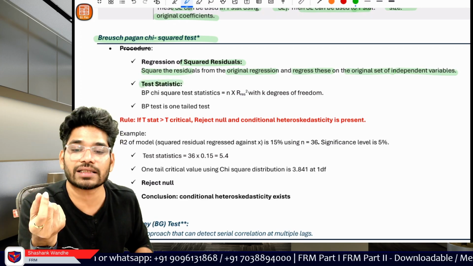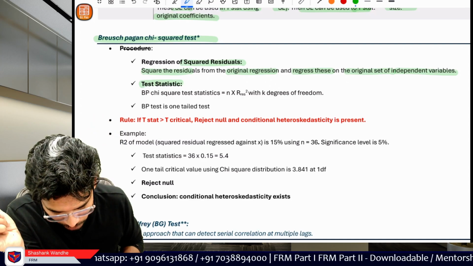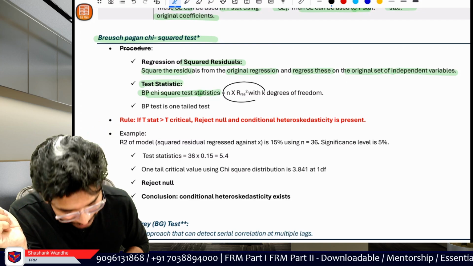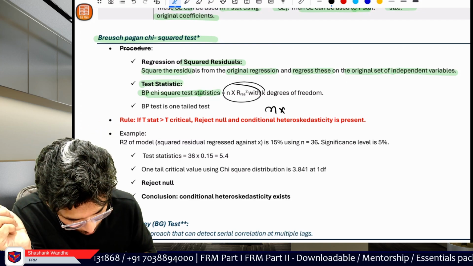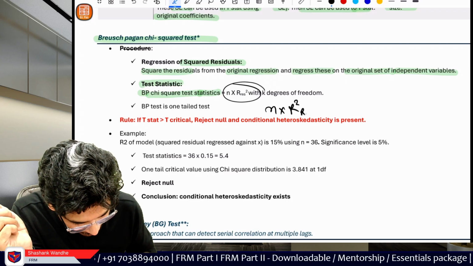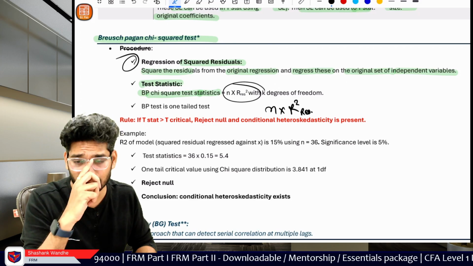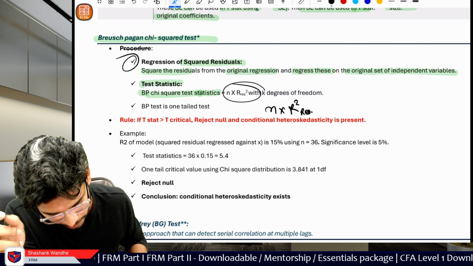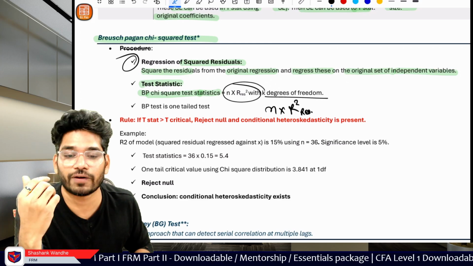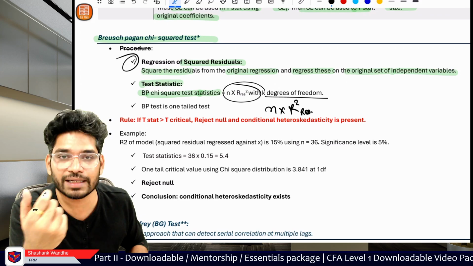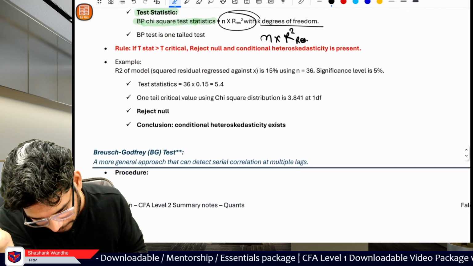Here, the test statistic is calculated using the BP chi-squared test statistic, and this is n times r square of the residuals. You will get the r square of the residuals from this regression of the squared residuals. And here the degrees of freedom is k degrees of freedom. K stands for the number of independent variables. N is simply the sample size.